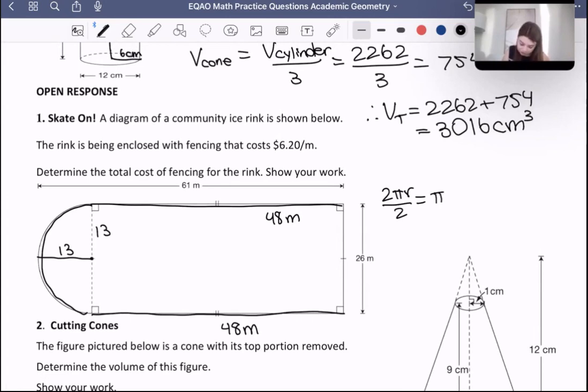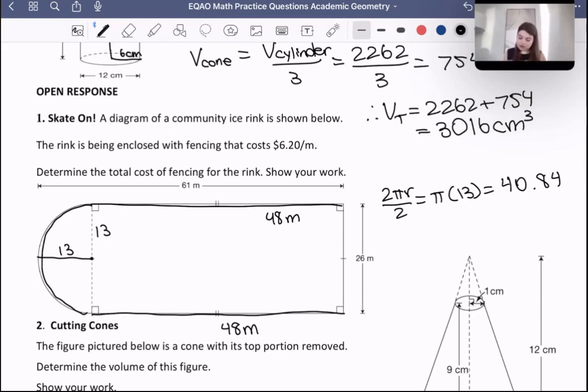So that would just be pi times 13 in this case, which is about 41 approximately. Did they tell us? Let's just do 40.84. I think that's a good enough approximation for that part.